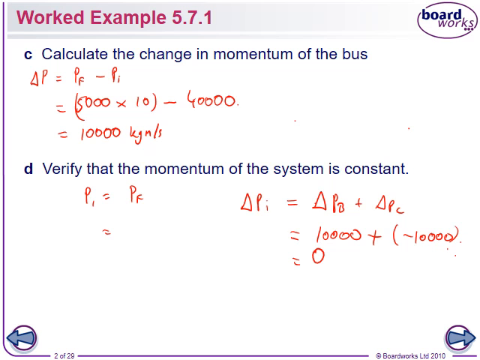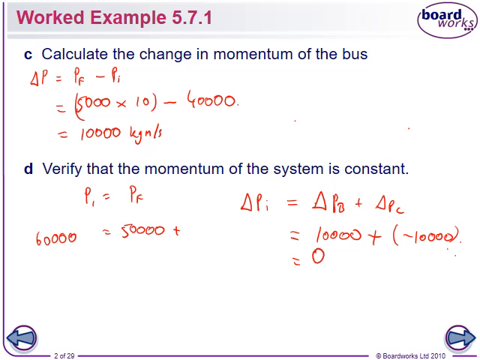Okay? Now, what I was working on down here, our initial momentum we worked out before, the total initial momentum was 60,000, right? Our final momentums. So I can see here, our bus's final momentum is 5,000 times 10, so it's 50,000.